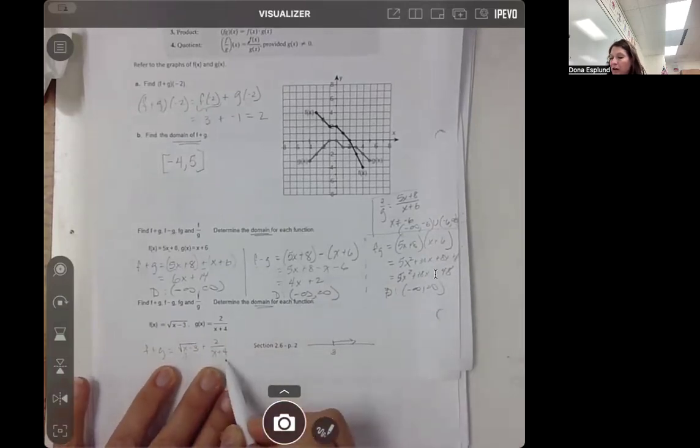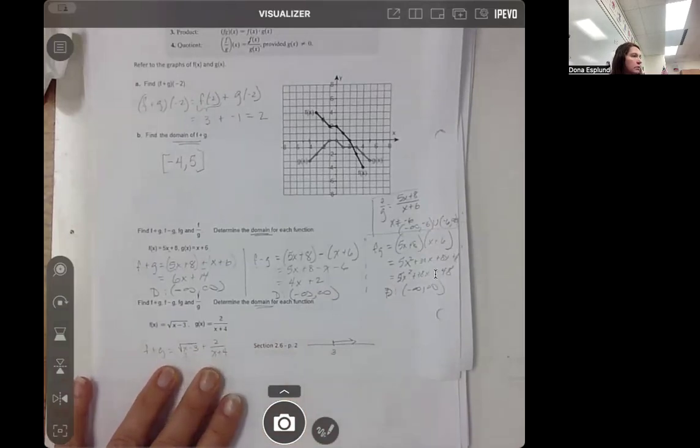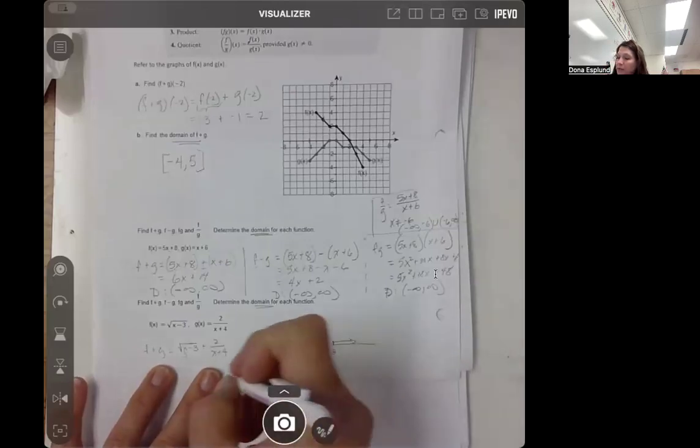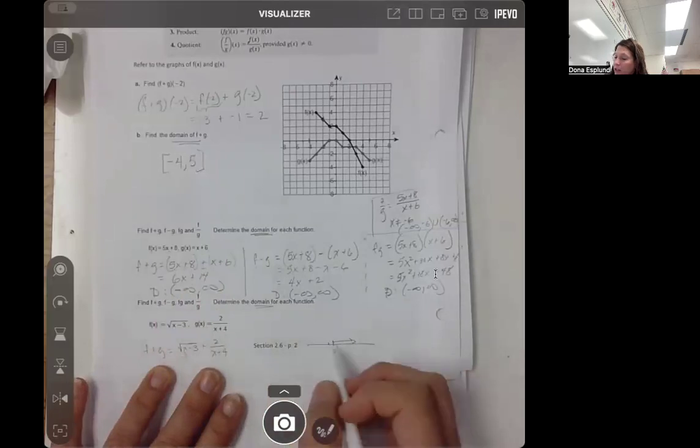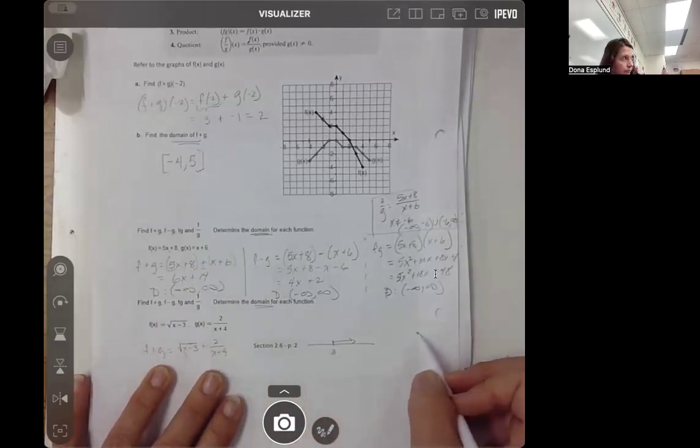But on the next one, it also cannot equal -4. Since the -4 is not part of my function, I can just say that it's going to go from 3 until infinity.